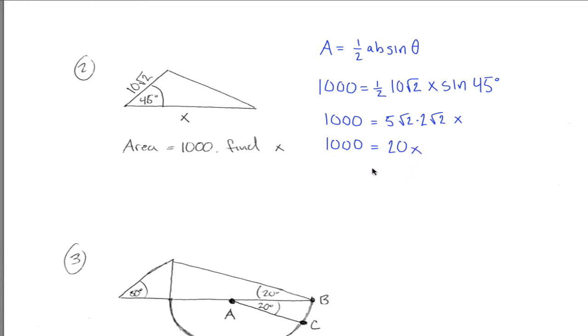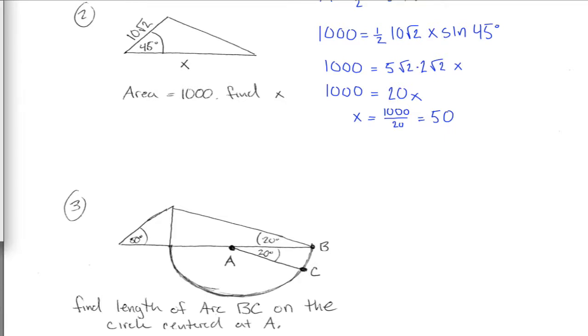We get 1,000 is 20x. So x is 1,000 over 20, which is the same as 100 over 2, which is the same as 50. So if I didn't screw anything up, the value of x here is equal to 50.